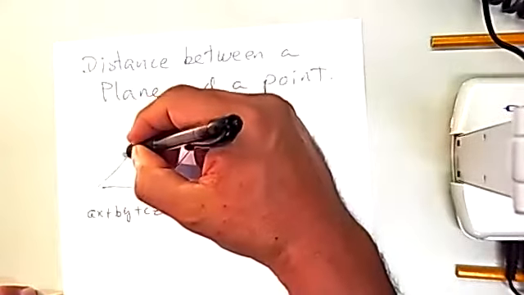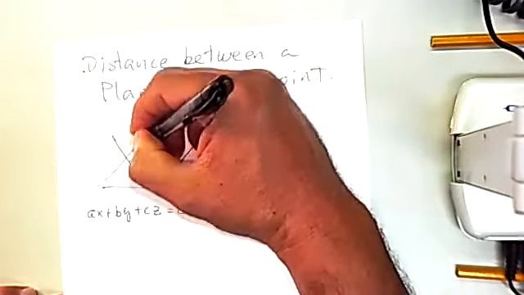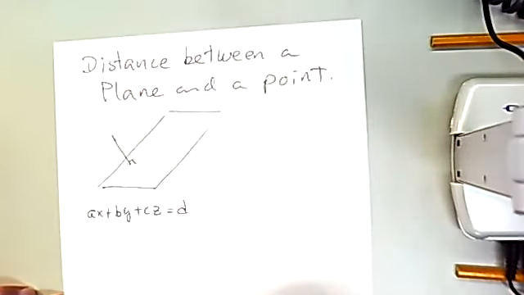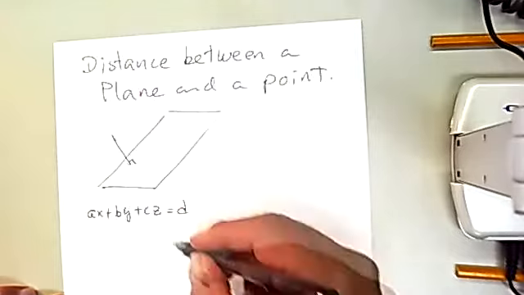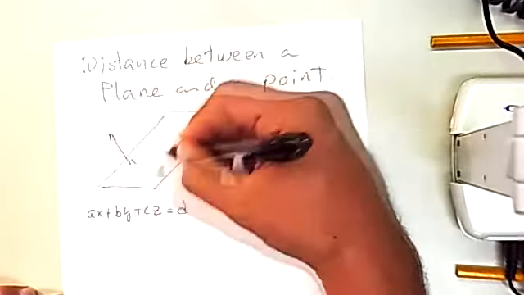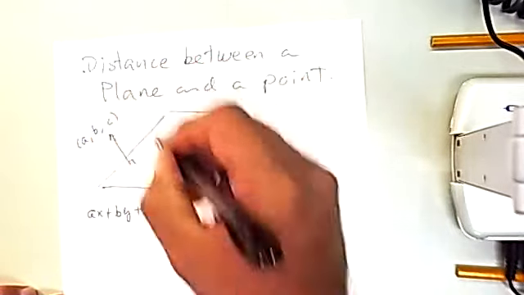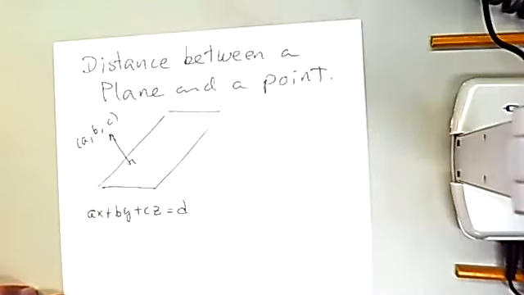We already know that a normal vector to this plane would be a, b, c, the coefficients of the equation.